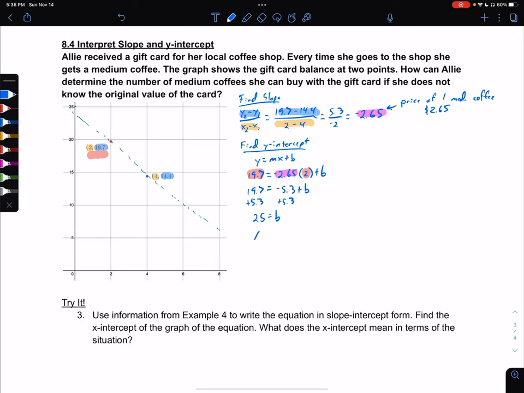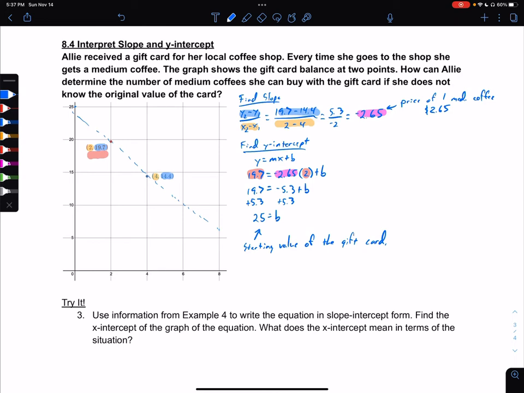So this tells me the starting value of the gift card. Because I started with $25, and as I'm going, I'm decreasing that amount by the 2.65, or Allie is decreasing that amount by 2.65 each time she buys a medium coffee.